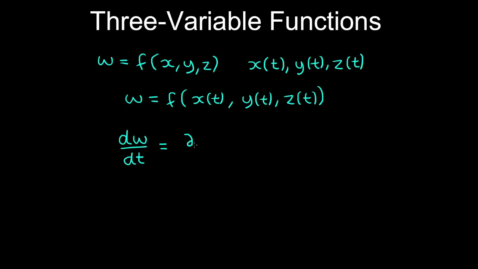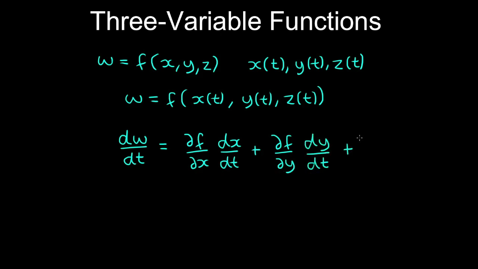So we have the partial derivative of w, or f, with respect to x, by dx/dt, plus the partial derivative of the function with respect to y, by dy/dt, plus the partial derivative with respect to z, by dz/dt.